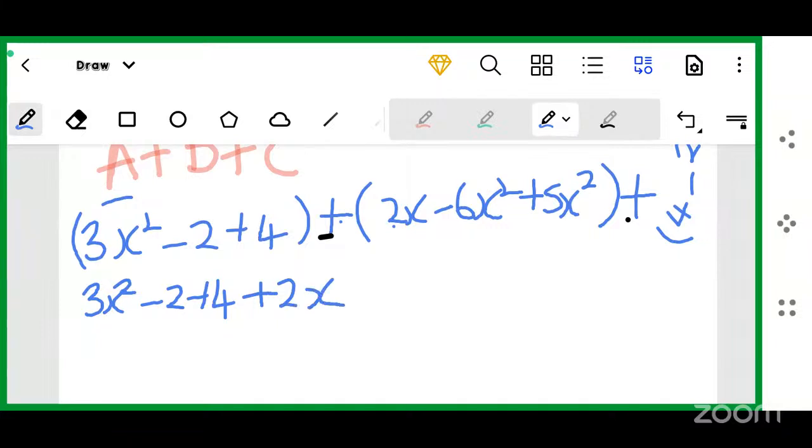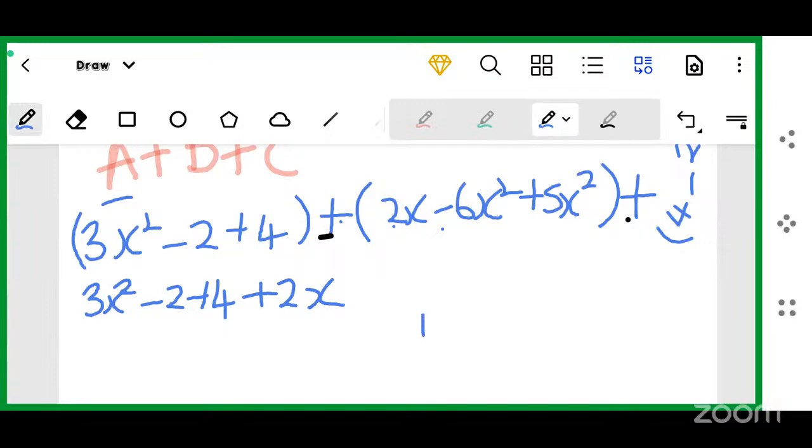2x, positive by negative, plus multiplied by negative. Yes, ma'am.